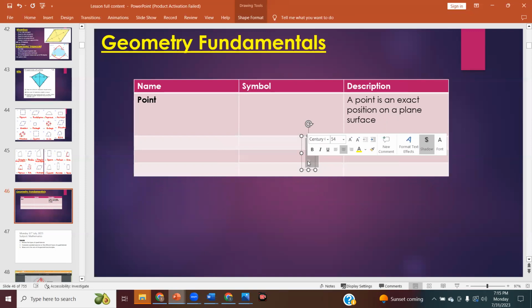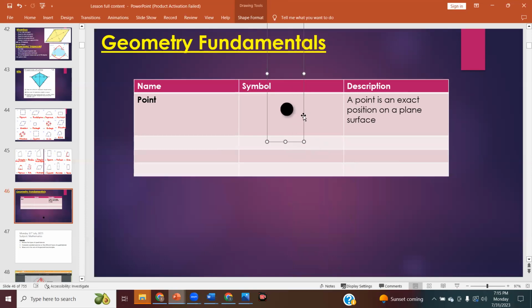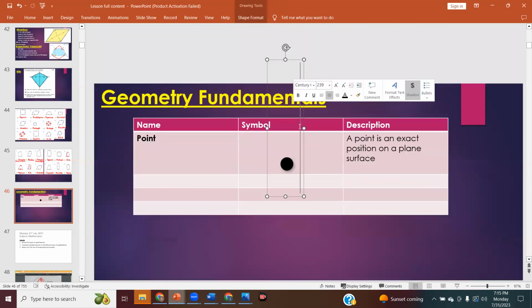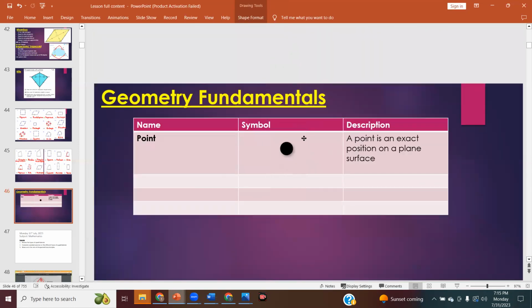So a point tells us exact positions. And so even when we look at the coordinates of a point, that's telling us an exact position. So that's a point. A point is an exact position. That's the first one we're going to talk about. The next one we're going to talk about is after the point.